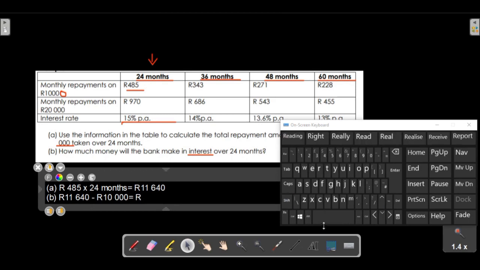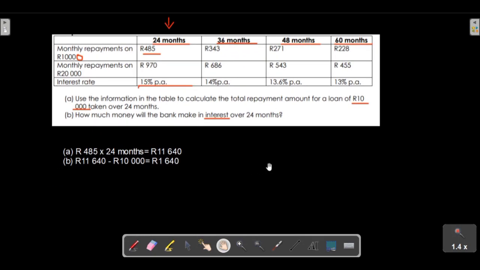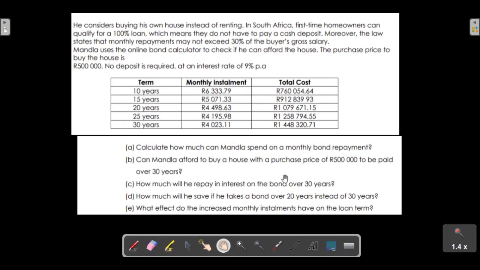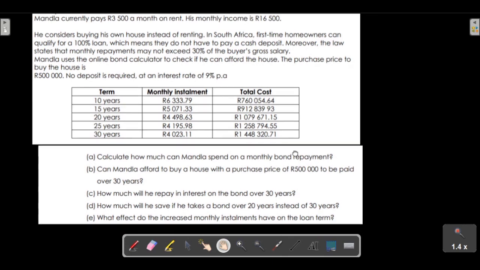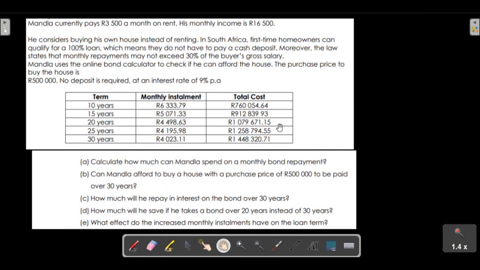So what do we get? 11,640 subtract 10,000, so he's actually paying 1,640 over the amount he borrowed. This was not very challenging. Let's look at this third activity, and then we'll wrap up part one.